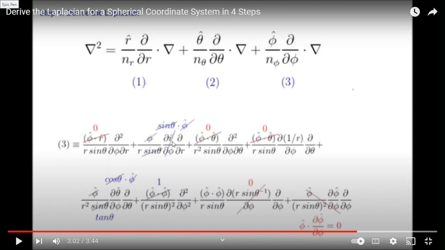And we've got a sine times theta, which is what happens when you take the derivative of r with respect to phi. That gives you sine phi times phi. So that's where the sine phi, we get rid of that. And then that gives us phi times phi, which is 1. So 1 over r times the partial with respect to r. And let's see, are there any other terms? Those turn to 0. That turns to 0.